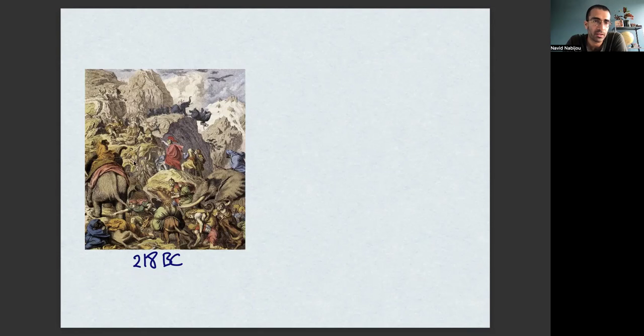This is obviously a 19th century engraving and perhaps a little bit embellished. If you look closely, you will see an elephant falling off the cliff in the background, which I found quite amusing. After this, Hannibal would conquer most of Italy, but he wouldn't conquer Rome. He wasn't quite able to do that.